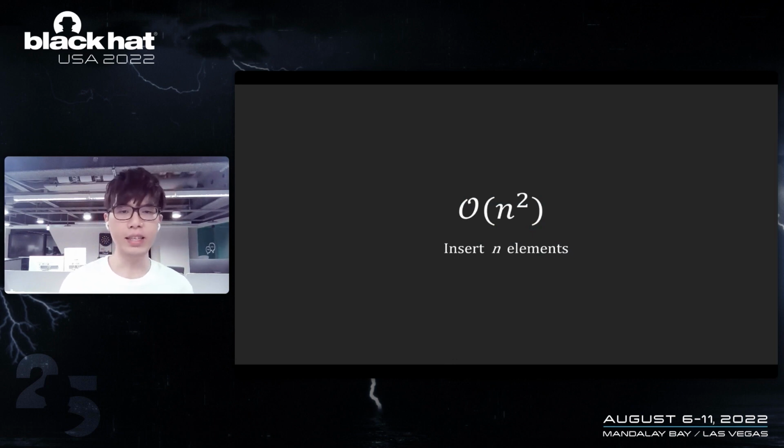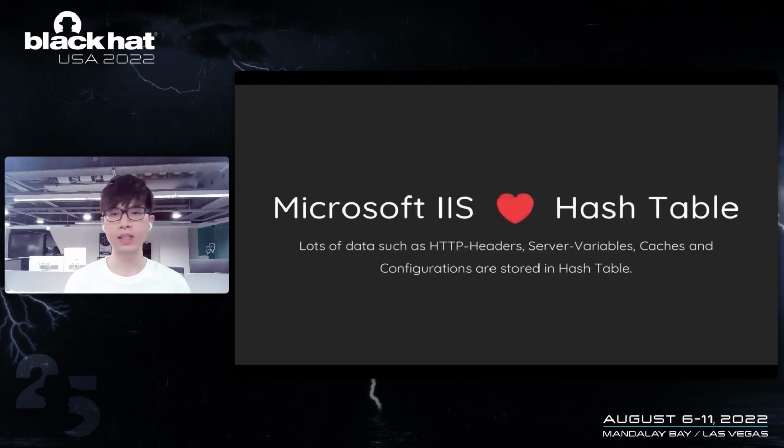Okay, with a good understanding of the hash table, let's discuss the relationship between the hash table and IIS. First, IIS loves hash tables. As a well-known and the only web server in Windows, IIS uses the hash table extensively in its architecture to store information such as HTTP headers, server variables, configurations, and cache.